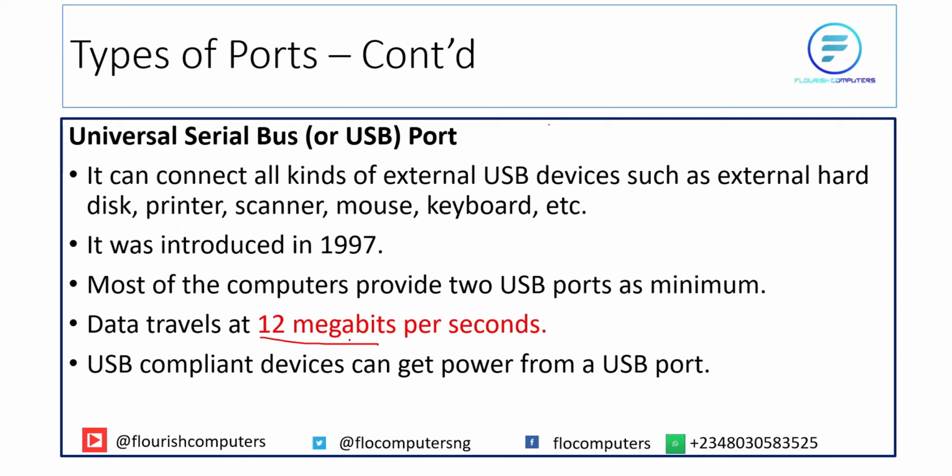You know the difference between kilobits and 12 megabits based on what we discussed in our last lesson. So that tells you the data transfer speed at which USB responds is far better than the serial port. USB-compliant devices can also get power from a USB port.